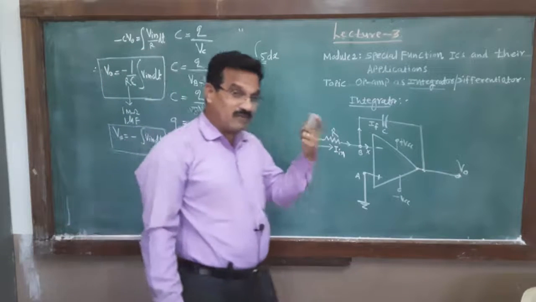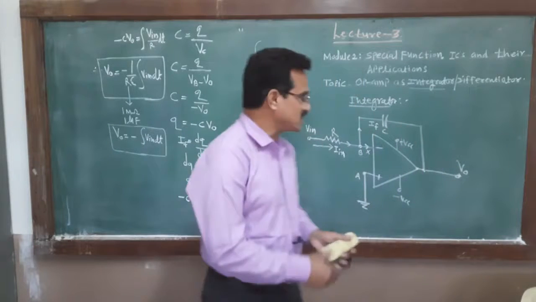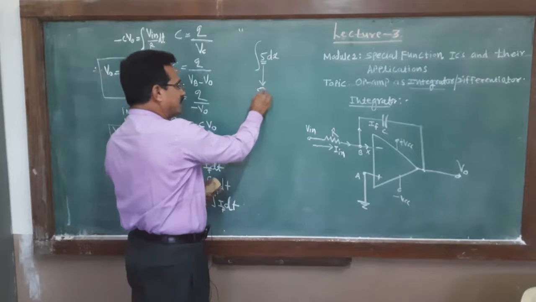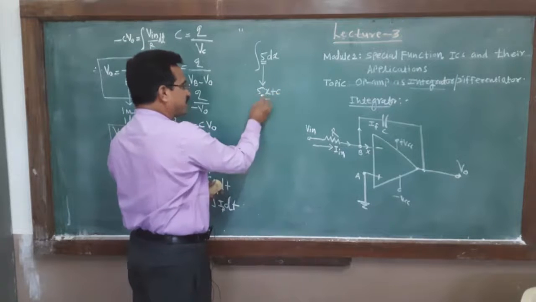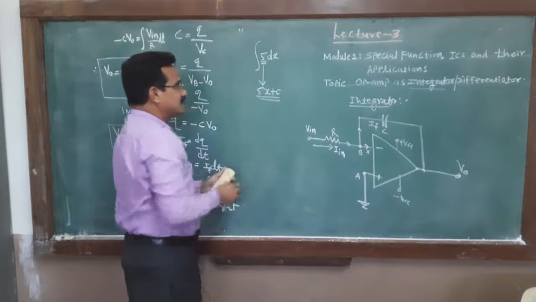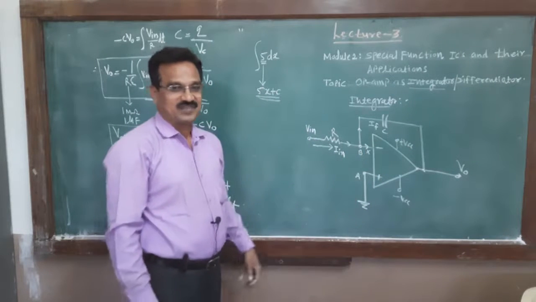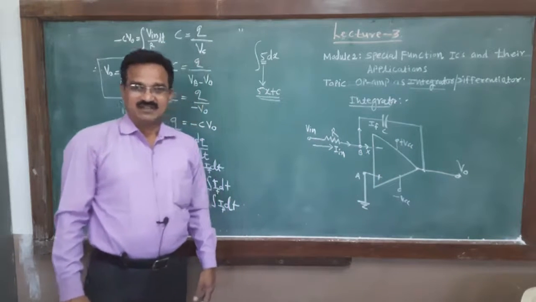What is the value of the integration of the constant? The integration of the constant is 5x plus c, and 5x plus c is the equation of a straight line.